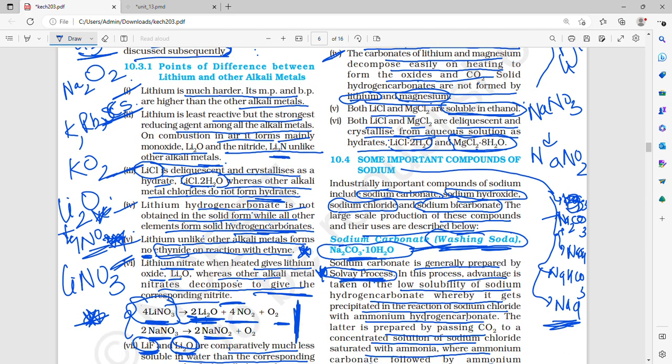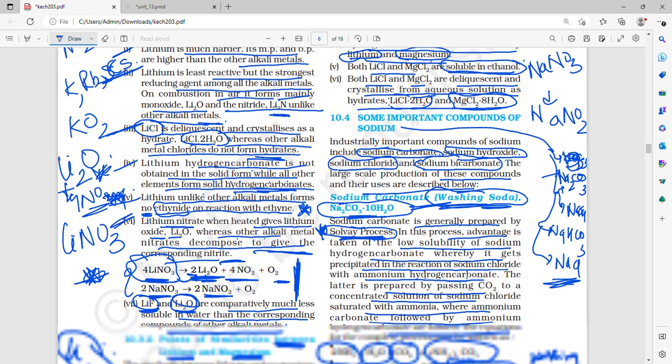Carbonates of lithium and magnesium decompose easily on heating to form oxides and carbon dioxide. Solid hydrogen carbonates are not formed by either lithium or magnesium. Both lithium chloride and magnesium chloride are deliquescent, and they crystallize as hydrates, that is LiCl.2H2O and MgCl2.8H2O, and both are soluble in ethanol.